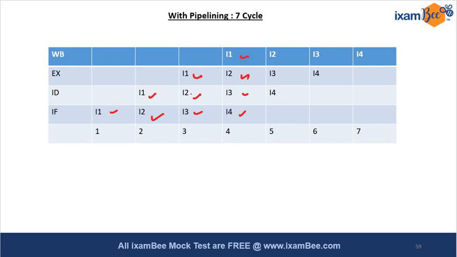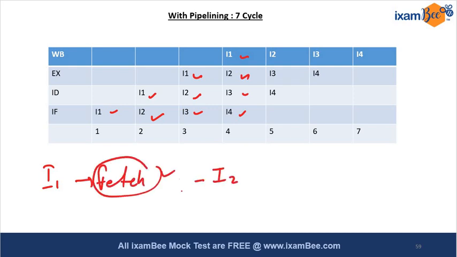In the same manner, when I1 starts with the fetch cycle and completes it, I2 can immediately start with the fetch cycle. Here you can see I1 completed the fetch cycle and moved to the decode cycle, and I2 started with the fetch cycle. When I1 completes the decode cycle and moves to the execute cycle, at the same time I2 moves from fetch to decode.